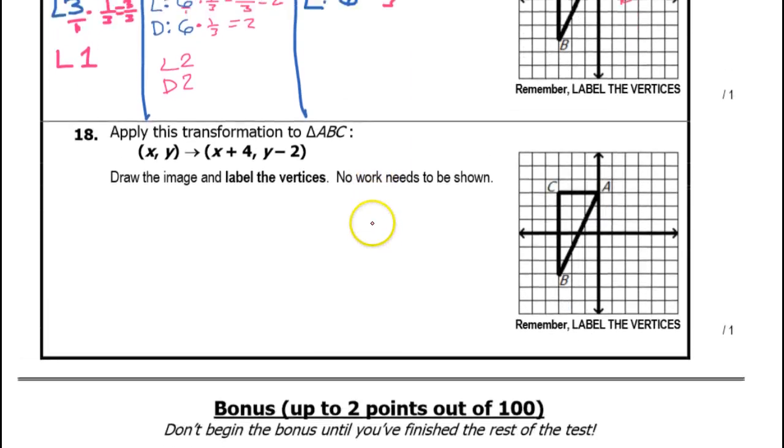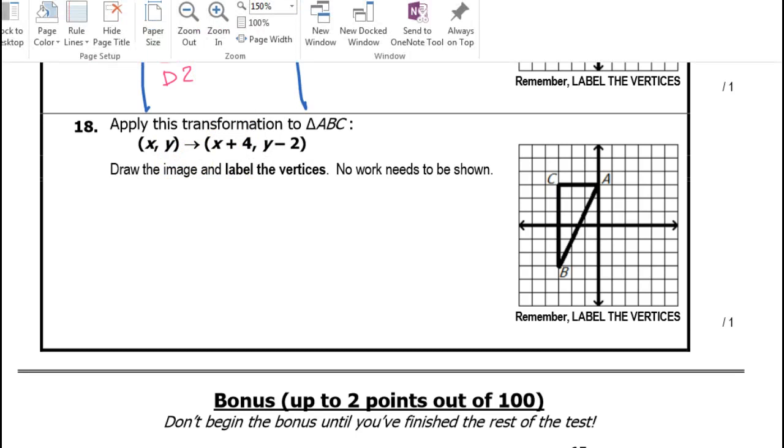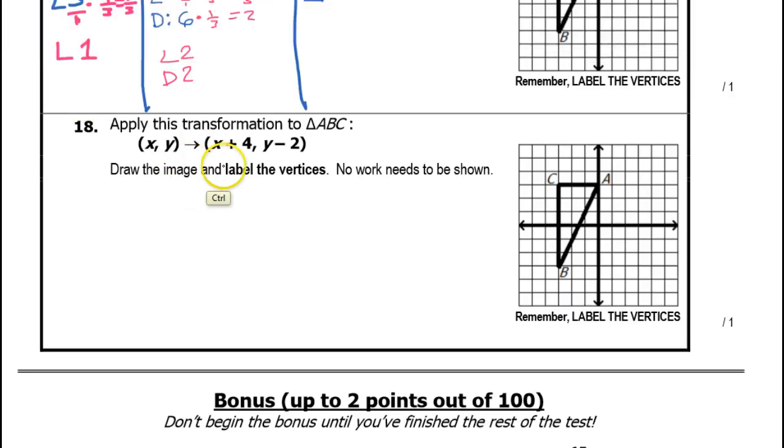Number 18 is much easier. This is a translation. Adding 4 to the x value just means we're going to move right 4. And subtracting 2 from the y value just means we're going to move down 2.